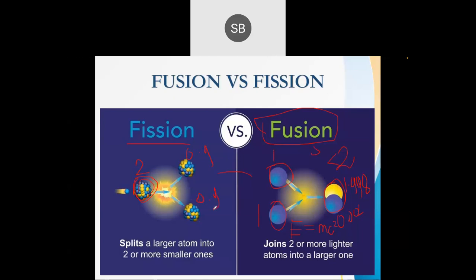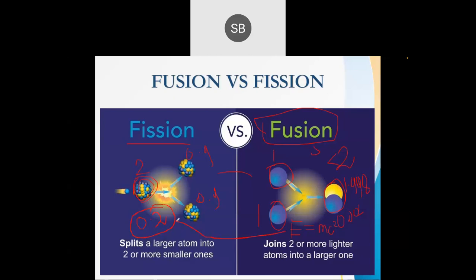Similarly, in the fission reaction, whenever one neutron strikes a radioactive nucleus or atom, it splits into two lighter atoms. Consider the initial mass to be 2, and the masses of these products are each less than 1.